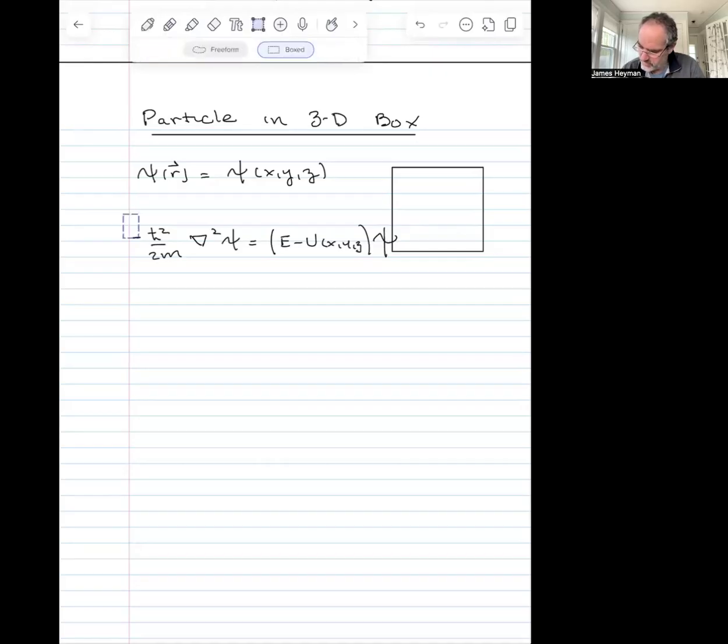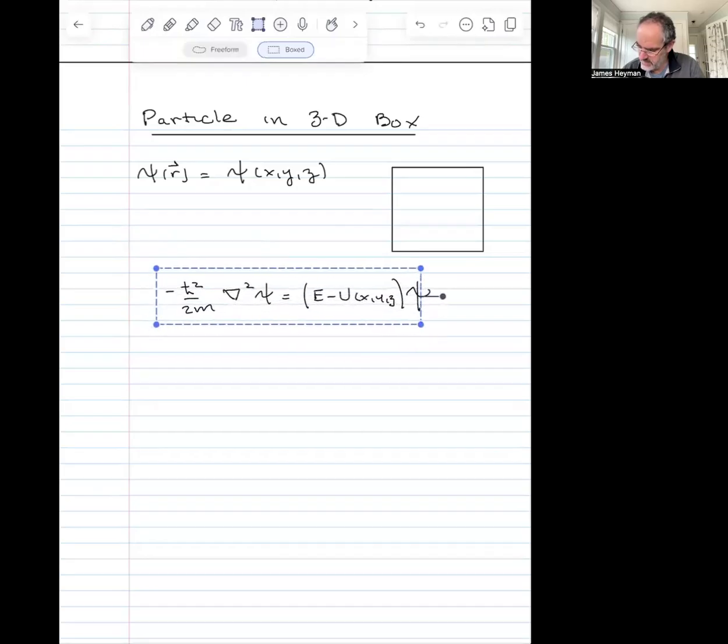Here, I'm going to move this equation down. I think I need a little bit more space. There we are. So, minus h bar squared del squared psi equals energy minus potential energy times psi. All right?